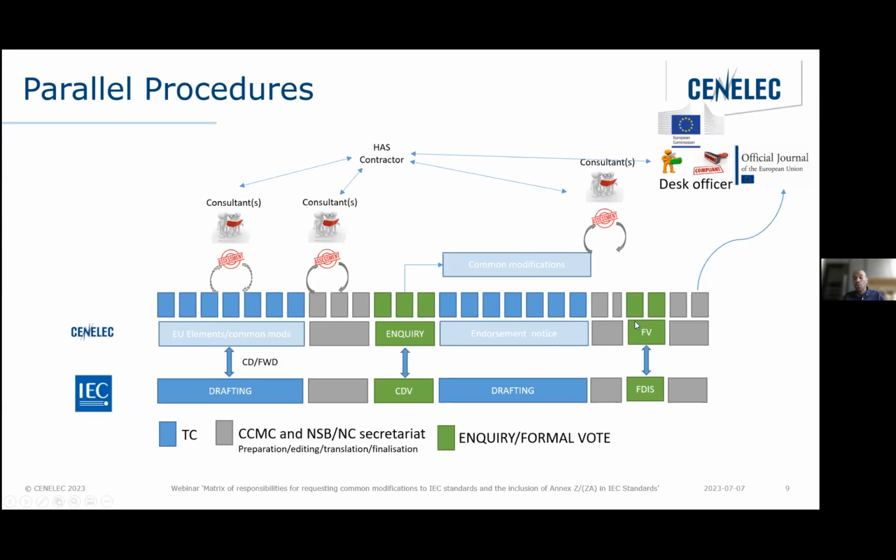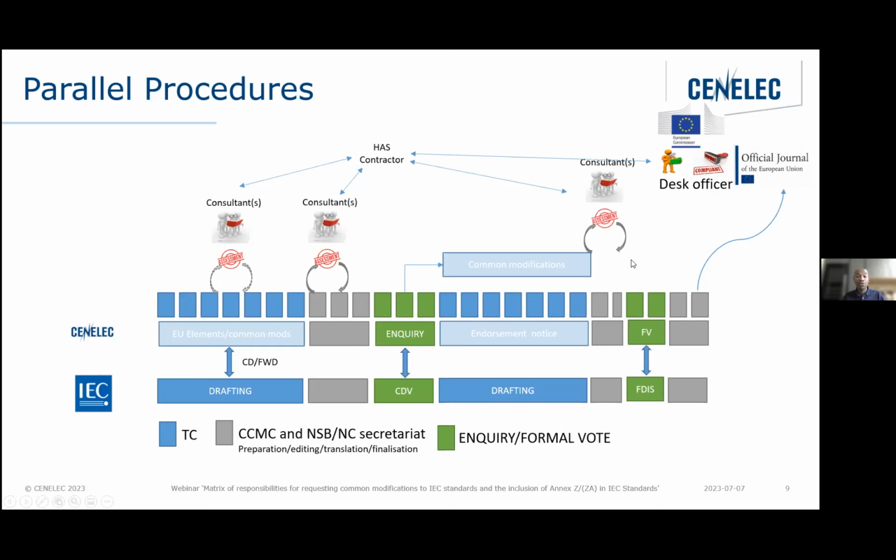For example, when there's a lack of compliant assessment at formal vote, and when there's no way anymore to address the comments from the HAS consultants in the IEC draft, then the common modifications could be requested at formal vote.